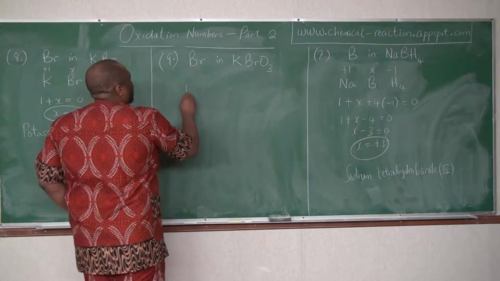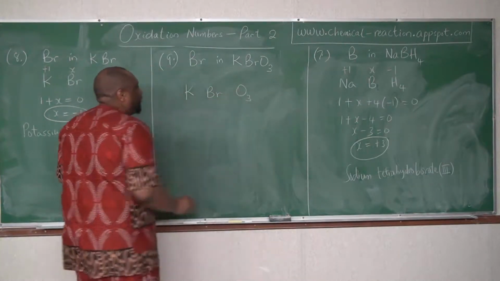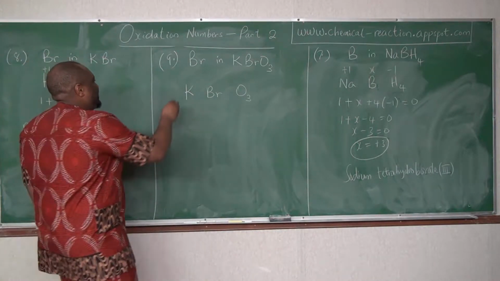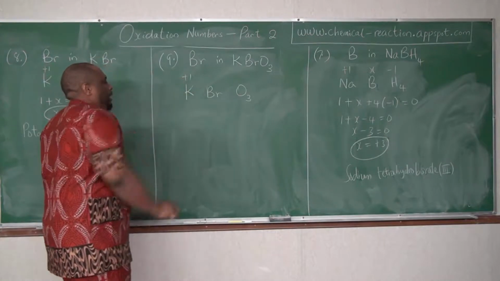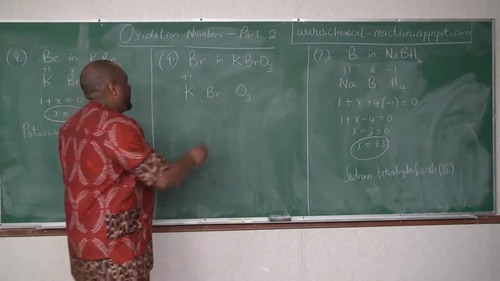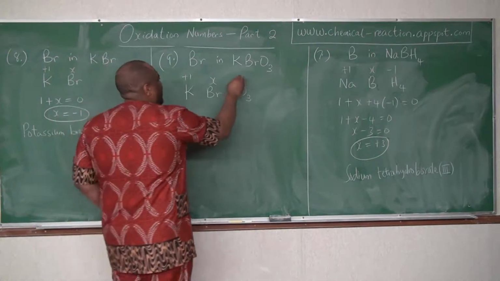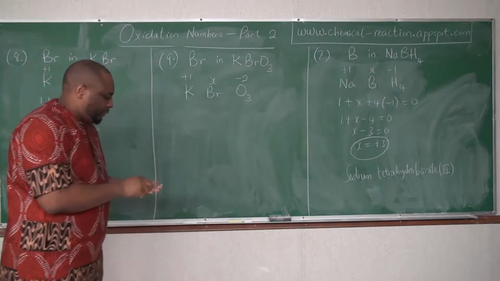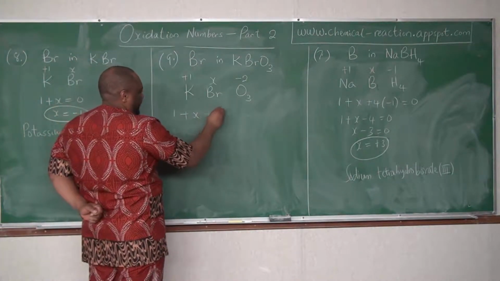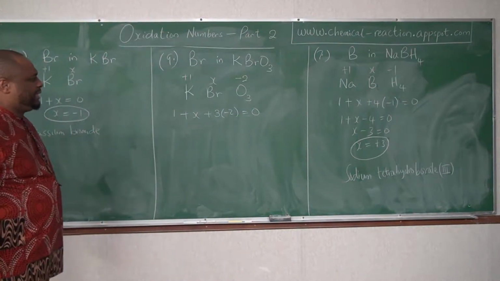We write it out: potassium bromate. The oxidation number of potassium is +1. Let the oxidation number of bromine be X. And then of course that of oxygen is -2. So we now have 1 plus X plus 3 times -2 is equal to 0.